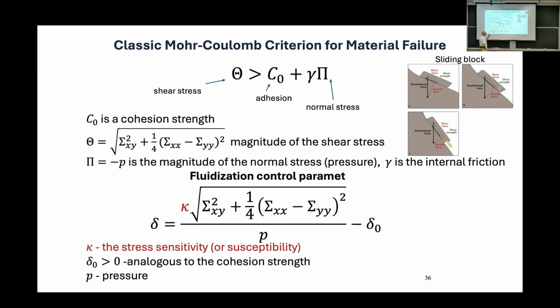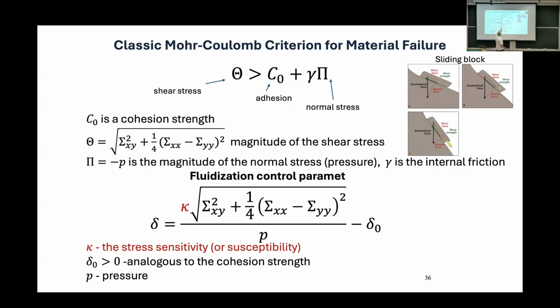You can imagine a block on an inclined plane with friction. If the angle of the plane exceeds a certain critical angle, the block starts to slide down. So this is mechanical failure. Basically, it simulates the same.